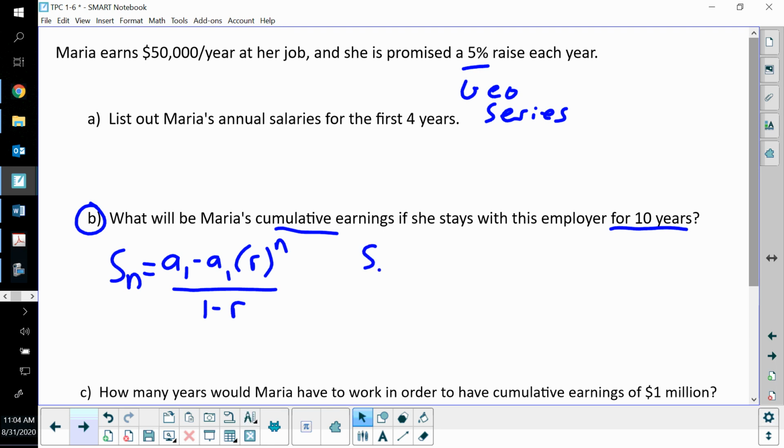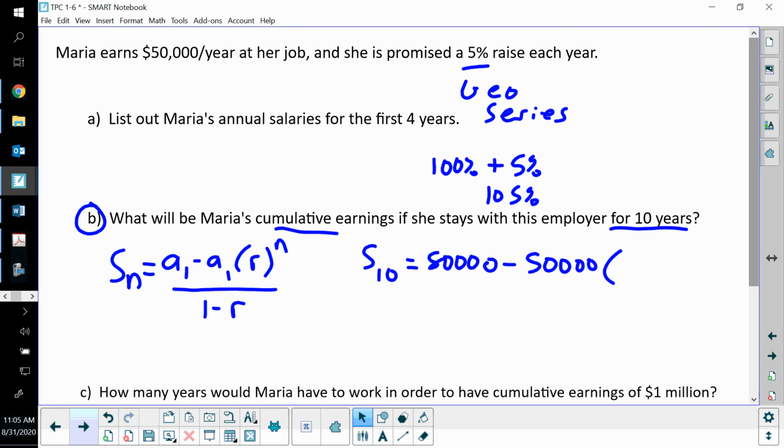We're doing the first 10 years. She started out with 50,000, that's our A1. Our R, well, we start with 100%. She's getting a raise of 5%, so that's a plus. So that's 105%, or in other words, 1.05.